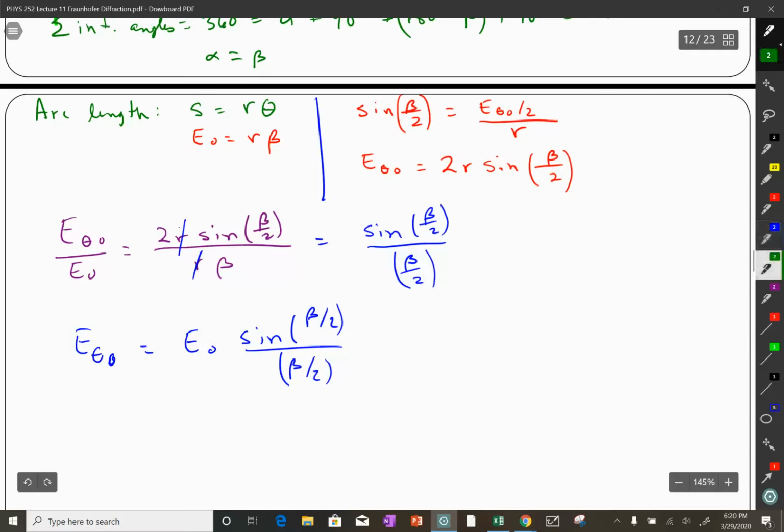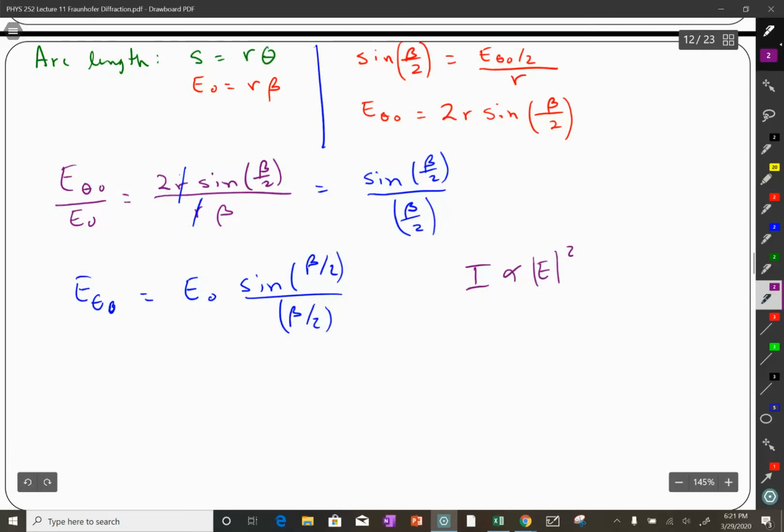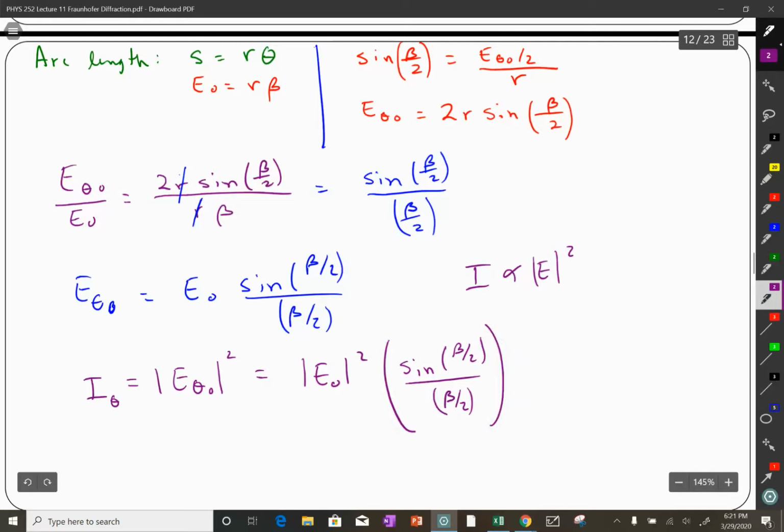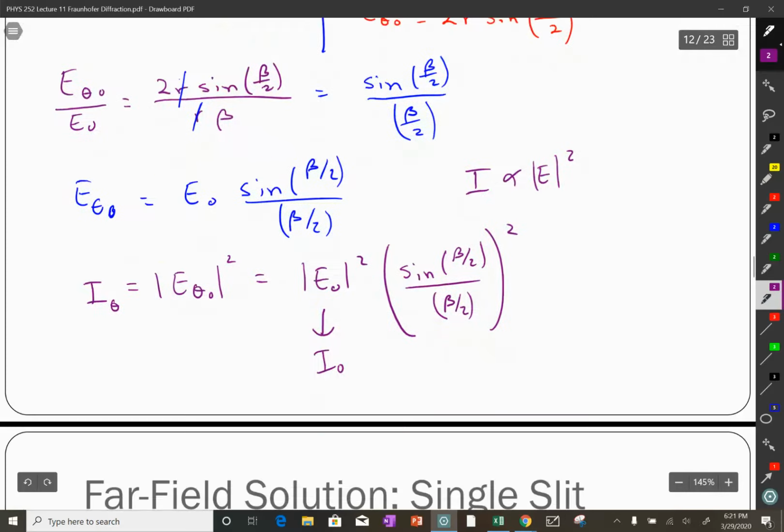And since, by definition, intensity is proportional to the electric field mod squared, then I have intensity for theta, but this here is just going to be the incident intensity.